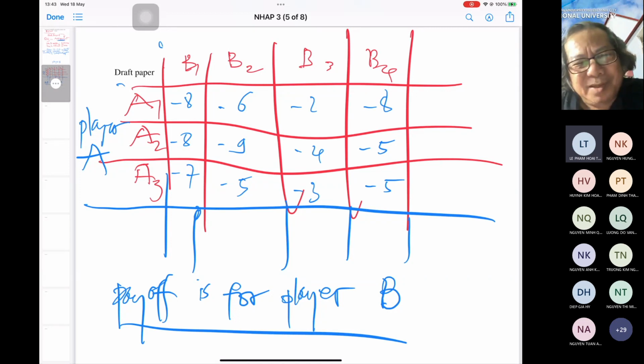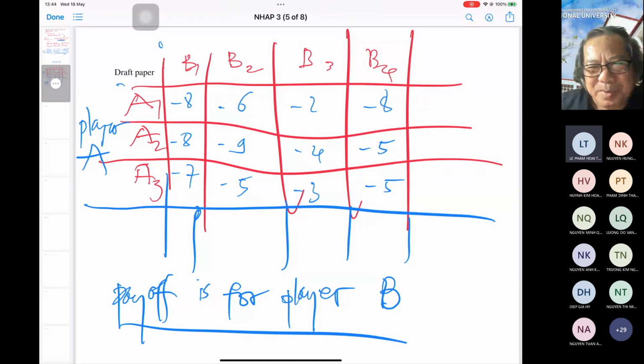The worst. The worst of A1 is what? Is it -8 or -2? Two options.